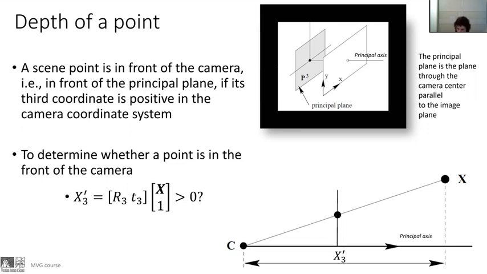And I understand that. So you assume here that you know the third coordinate of x in the world coordinates? No, what I assume here is that I know x in global coordinates, right?